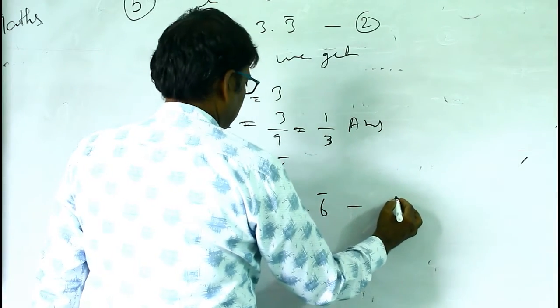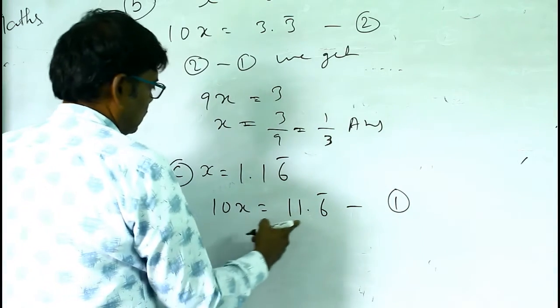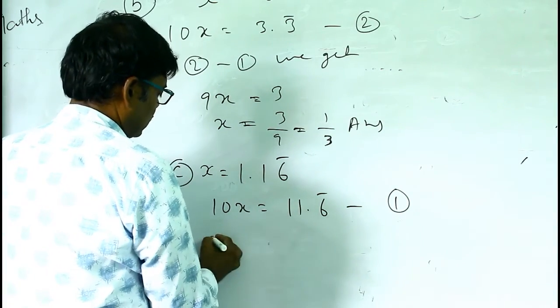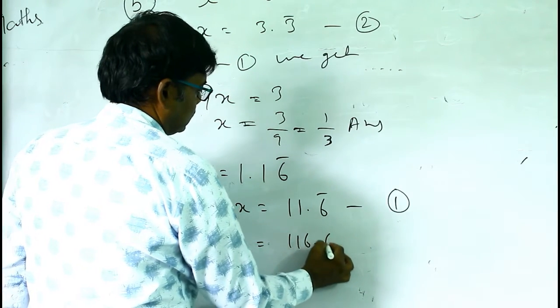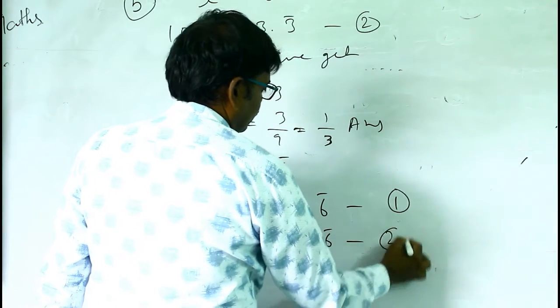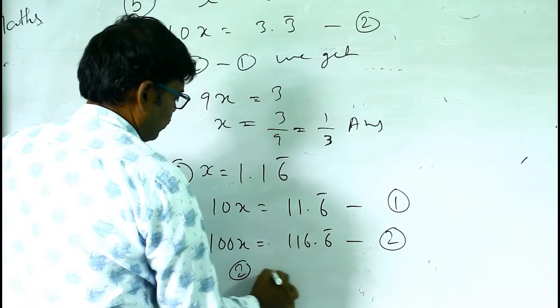Then this will be 1. Next, multiply again this with 10. So that will be 100x equal to 116.6 bar. So this is 2. Then subtract 2 minus 1.